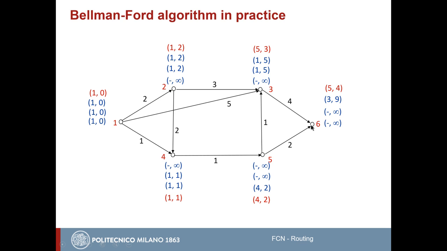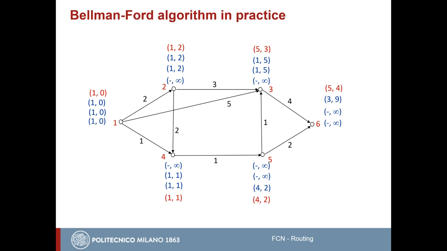In the case of node 6, we previously had the distance of 9, but now considering node 5 as a neighbor, which had a distance of 2, plus 2 is 4, which is less, so we update. So this is the final condition.